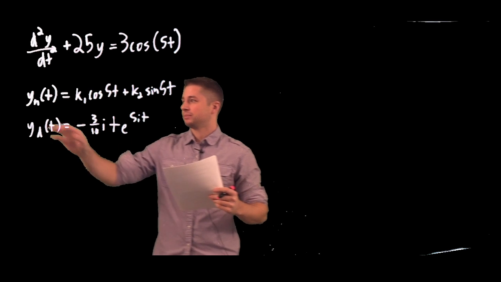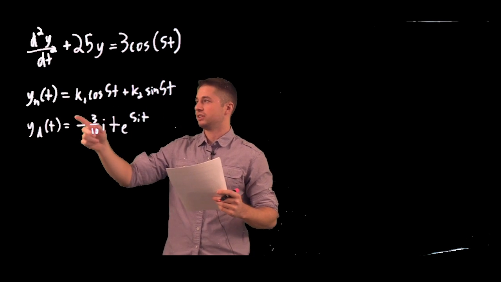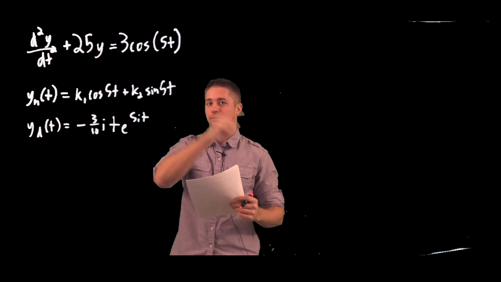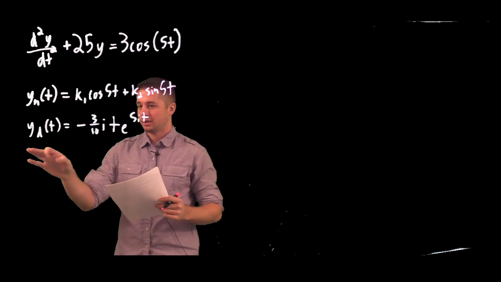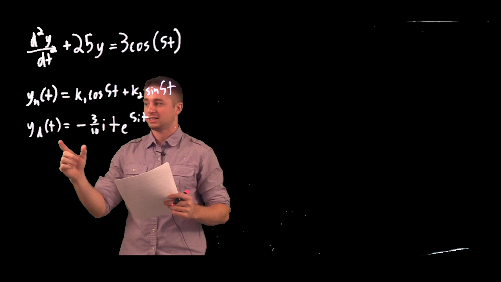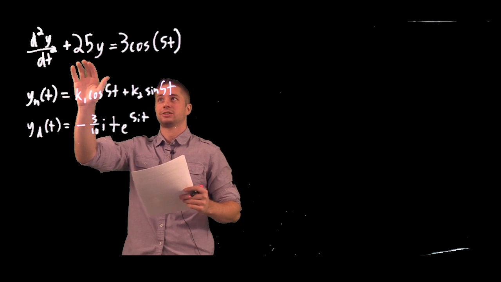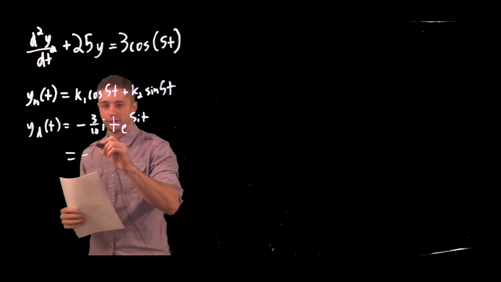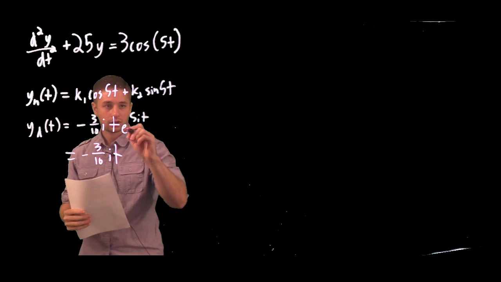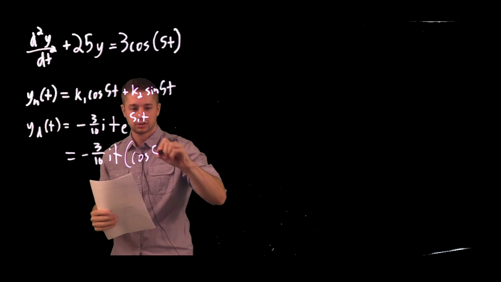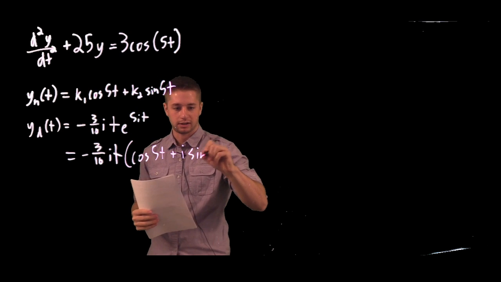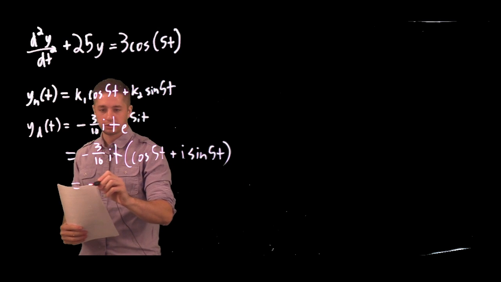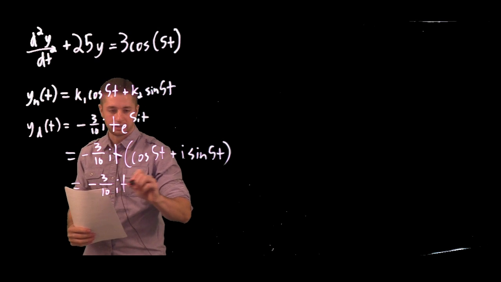So at this point, we've found our solution to the associated homogeneous equation, and we have a particular solution to the complexified differential equation. Now, if we remember, what we wanted to do was take the real part of it, and that'll give us a particular solution to this equation. So in order to find the real part, we're going to use Euler's formula on e^(5it) and get cos 5t plus i sin 5t. When we distribute, we can see the first term is going to be imaginary, it's going to have an i in it.